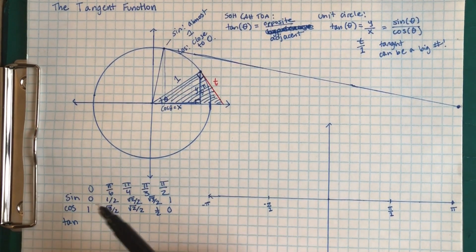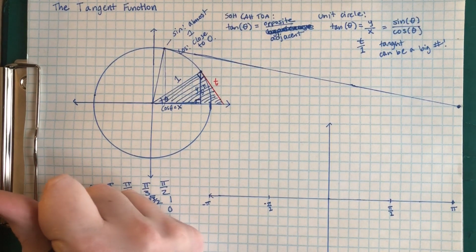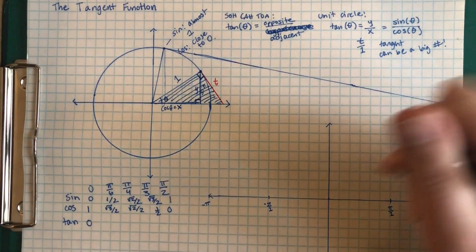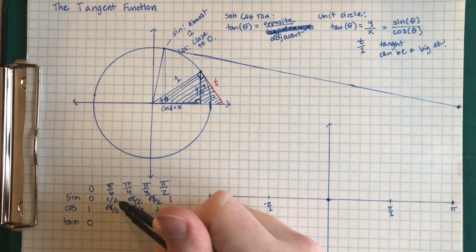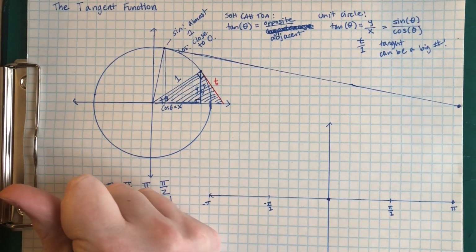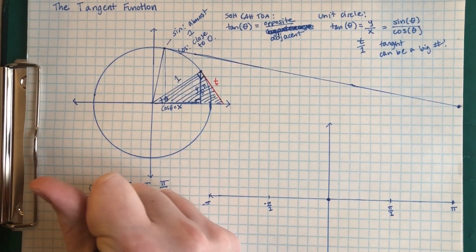So the tangent of each of these is going to be this number divided by this number. 0 divided by 1 is 0. So the tangent of 0 is 0. 1/2 divided by the square root of 3 over 2 comes out to be 1 over the square root of 3, or about 0.58.